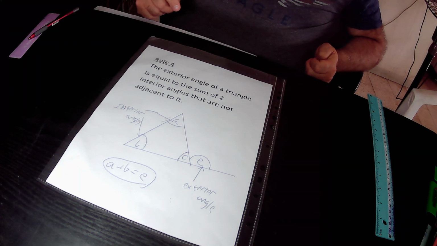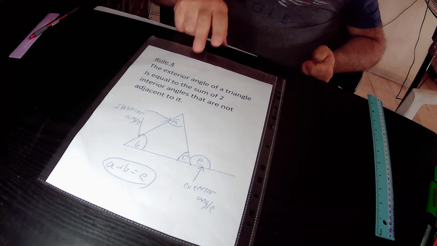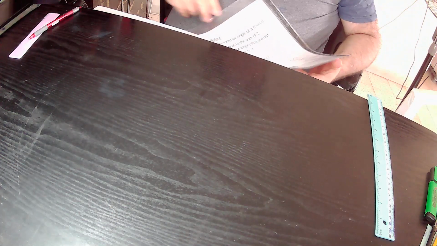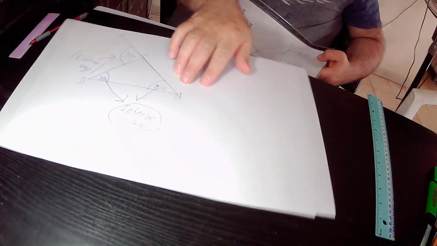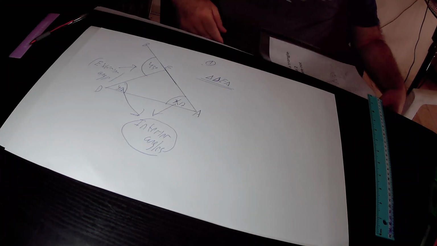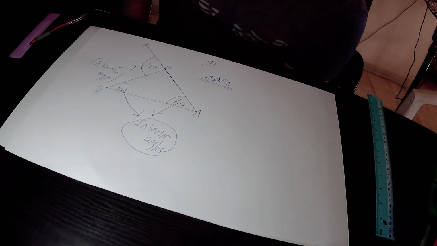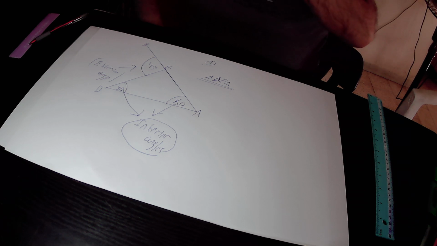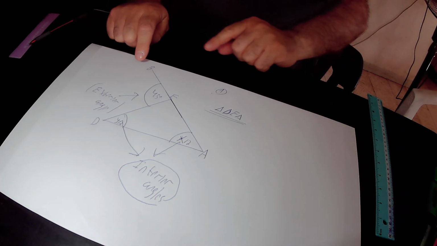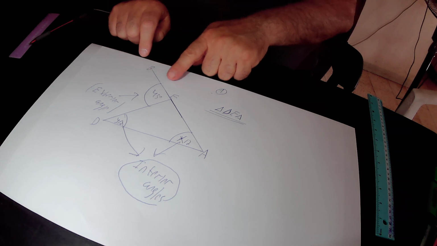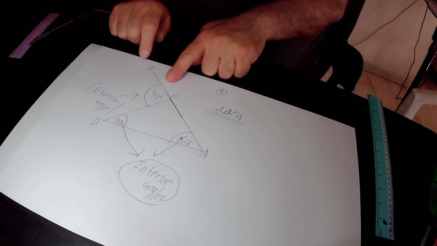Okay, so we can actually implement rule 4 in our drawing. Why? Because in our drawing, the exterior angle, angle BED, is defined as an exterior angle of triangle DEA because it is not located inside triangle DEA.